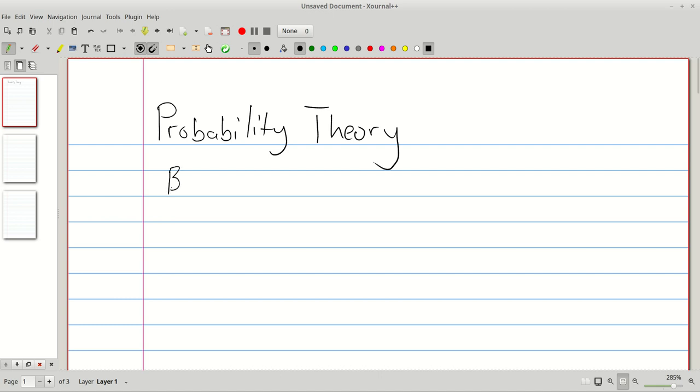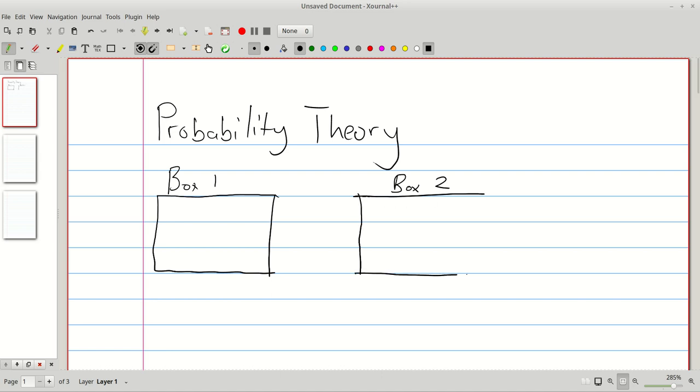We have box one, I'm just going to draw it here. So this is our first box, and we have box number two.